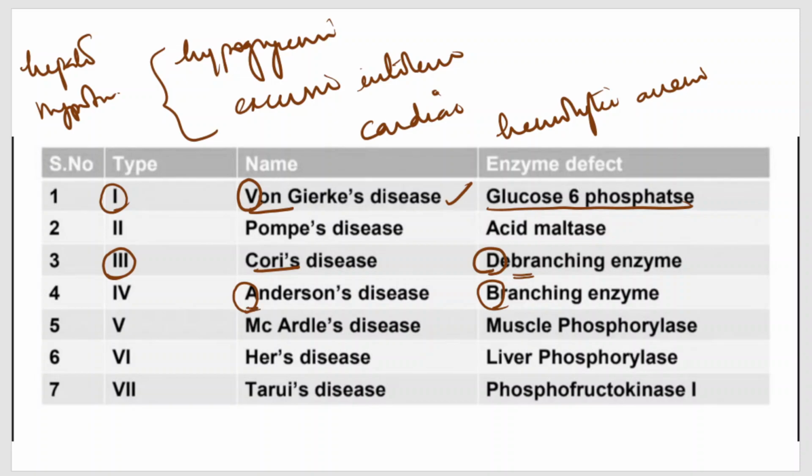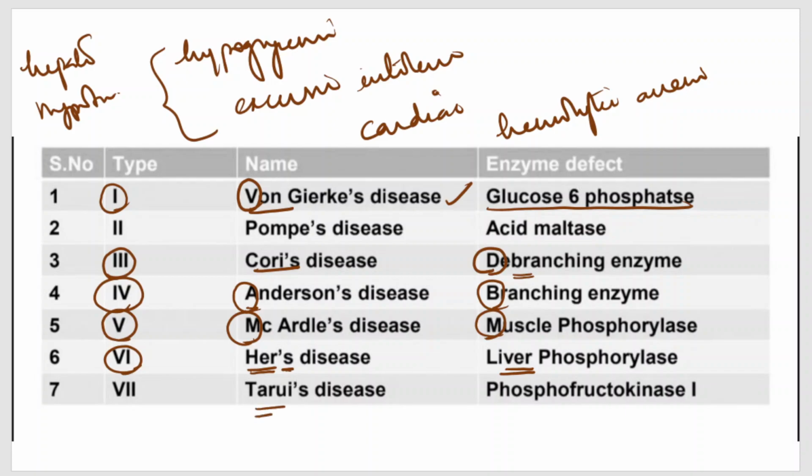It is next to the debranching enzyme, which is type 4. Then muscle phosphorylase, M for M, which is McArdle's disease. And liver phosphorylase rhymes with Her, and it ends with yes, so it is type 6. So previously, liver phosphorylase is type 6, muscle phosphorylase is type 5.